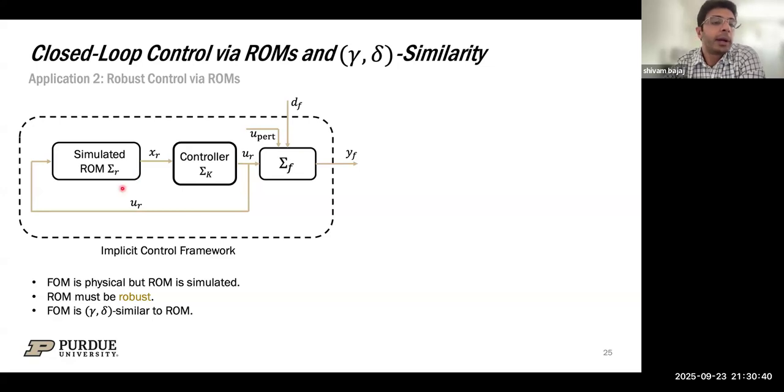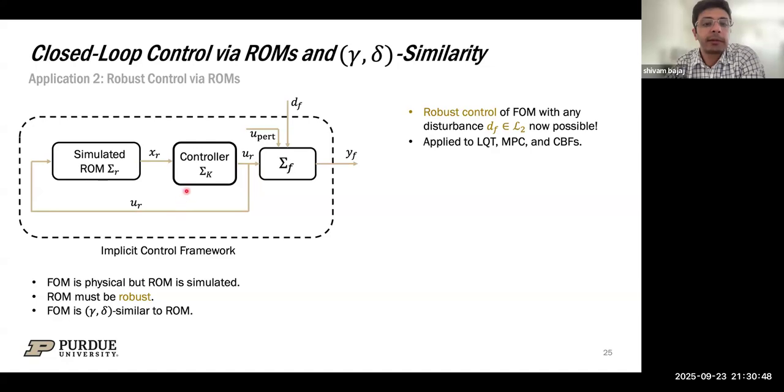So I do not want my reduced model to be robustly approximate. In fact, I want my reduced model to be robust. And by the way, the contents on this slide are recent works, which will be coming out soon. So stay tuned.